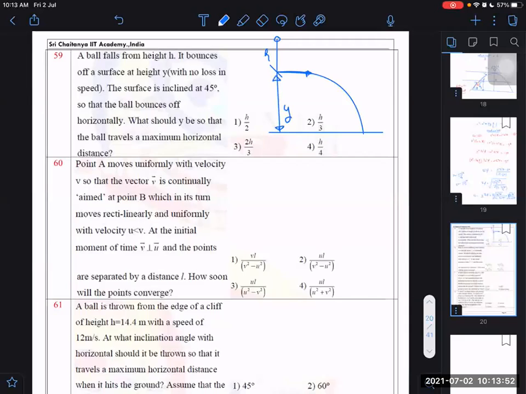At y height above. This is the situation, I think. It is falling from h height, but surface itself is also y height above. No, not that. I think total height from which the ball falls is h. Is the answer given h by 2? What is the answer?